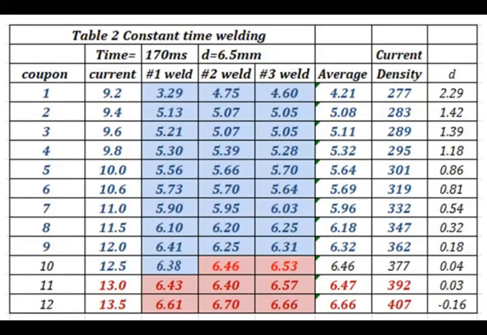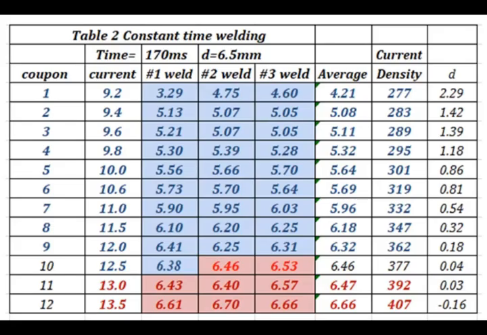This table shows a constant time, variable current density experiment. First acceptable weld appears at 9.4 kA, or 283 amperes per square millimeter. First expulsion appears at 12.5 kA, or 377 amperes per square millimeter.